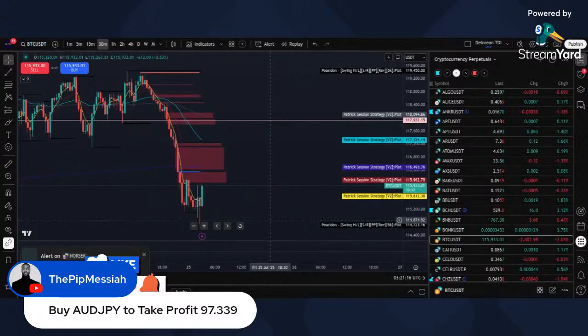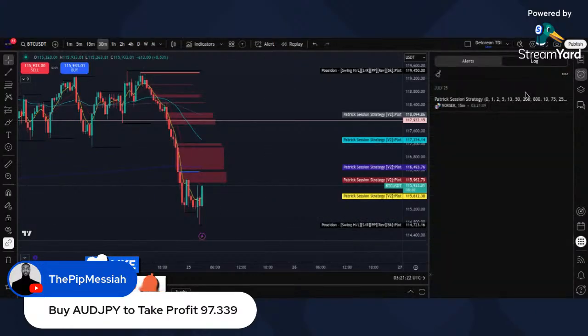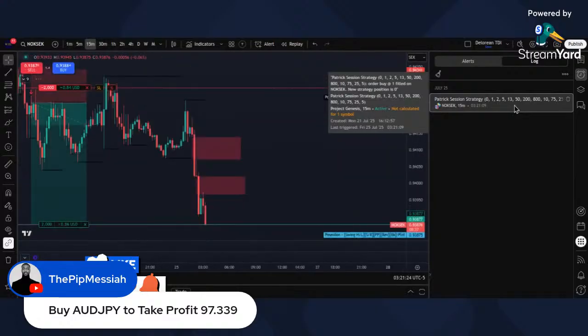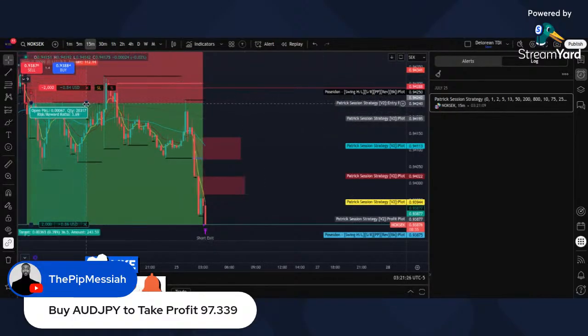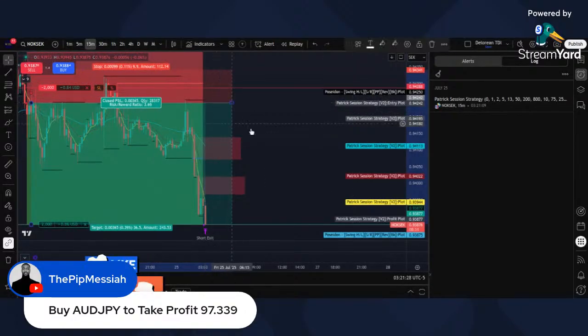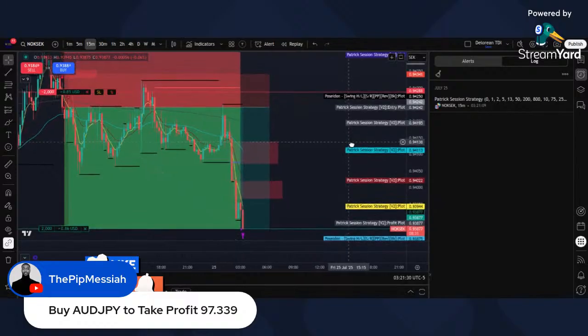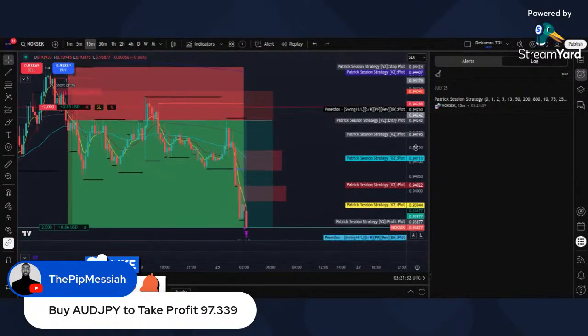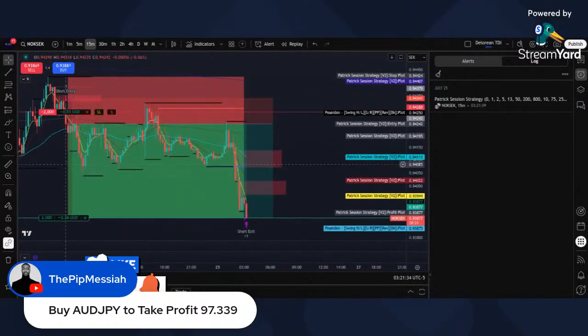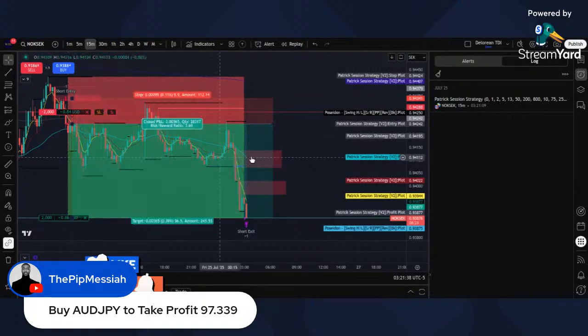All right. Looks like we may have a stop loss hit on Norwegian krone versus Swedish krone. No, we have a take profit smashed. So a little bit more ways to go. We can announce this win. This was called out at 7 a.m. in the morning yesterday.